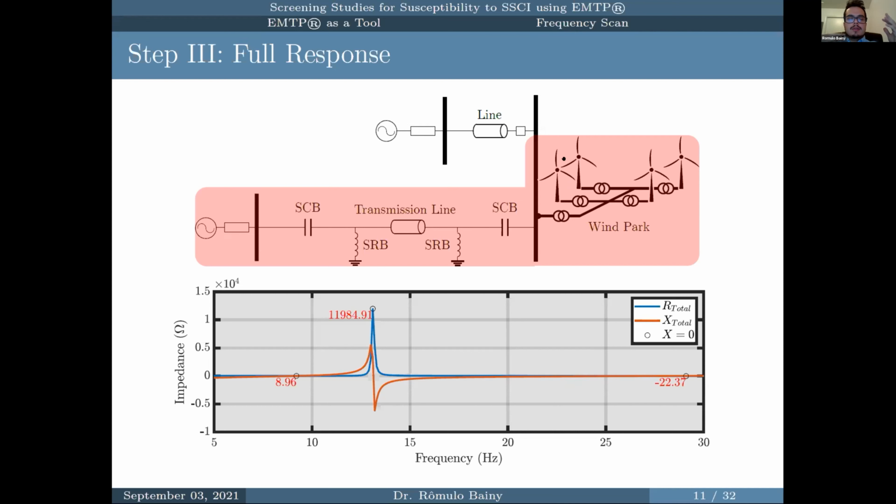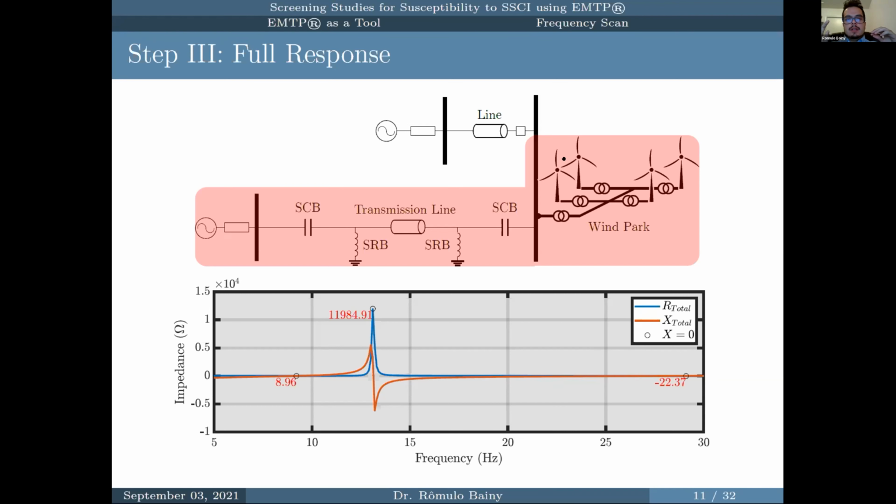So the capacitors are not being bypassed, and there is no other scheme there, but we are working on a more realistic representation of the series capacitors, and then having a frequency study as well on that side, considering the nonlinear parts of the series capacitor banks.